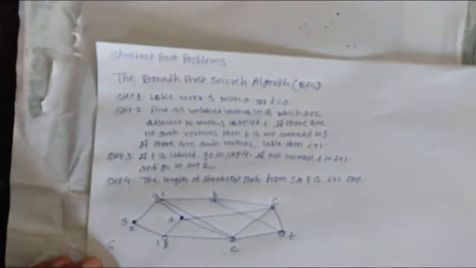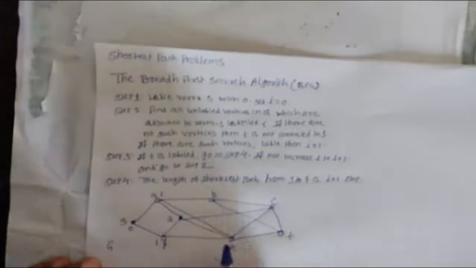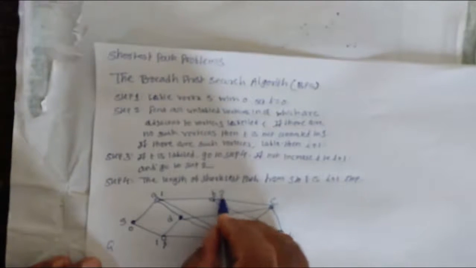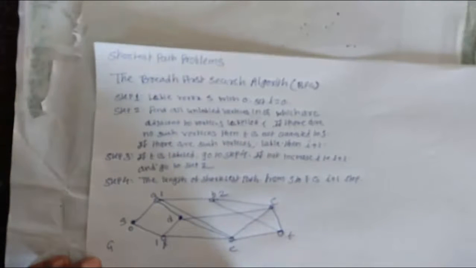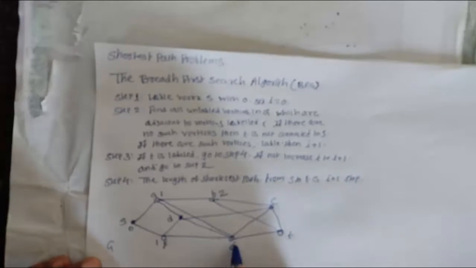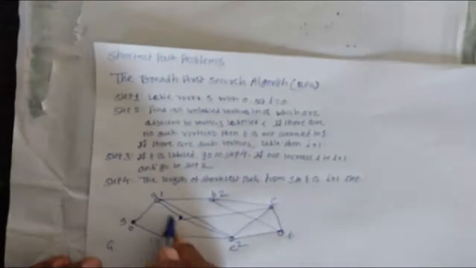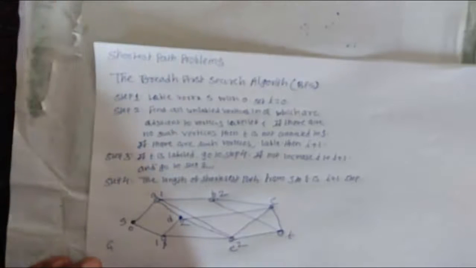Then B is adjacent to this, so label 2. Again E is adjacent to this, so label 2. D is adjacent to F, also A, so label 2.